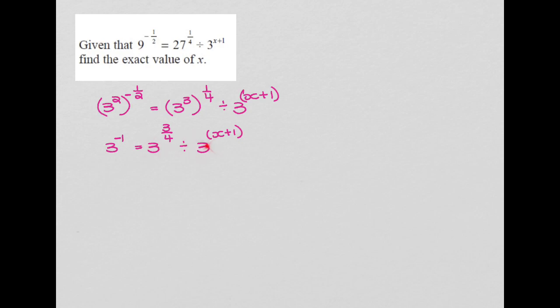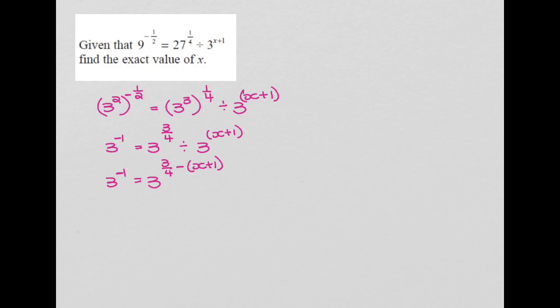Right, here we are dividing the same base. When you are dividing the same base, you subtract the powers. And that's where this bracket is very, very important. So I've got 3 to the power of negative 1 equals 3 to the power of 3 over 4, take away x plus 1.